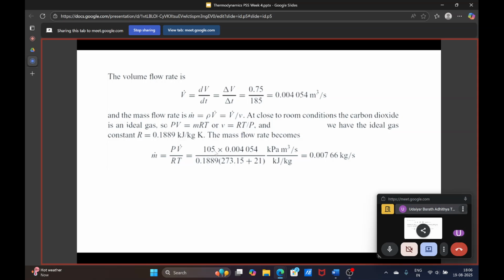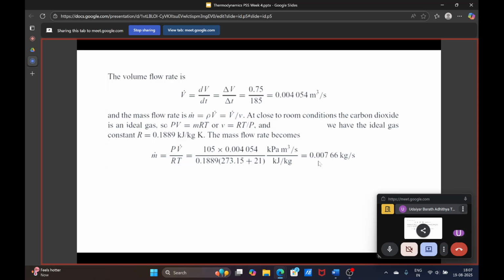So here p is 105 kilopascal and the volume flow rate which we have estimated, divided by R. You have to be careful here: 105 is in kilopascal, so times 10 power 3, divided by R, which is 0.1889 in kilojoule per kg per K, so the 1000 will cancel out, times the temperature, which is 273.15 plus 21.